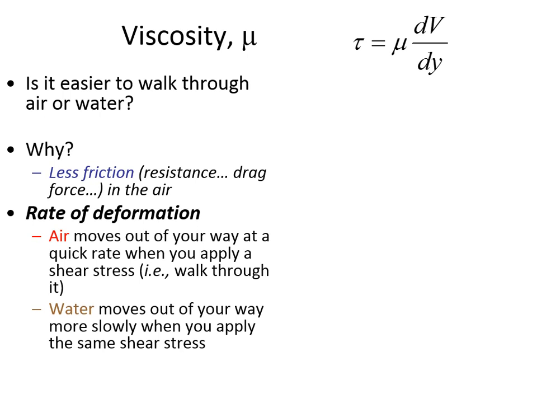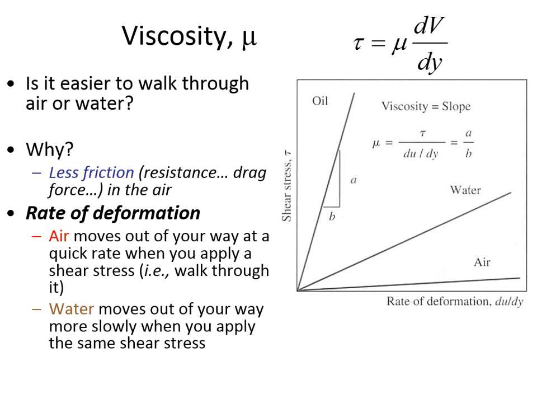Okay, so we've previously said that shear stress is viscosity times the rate of strain. Strain is a response to stress. The response to stress in this liquid is the change in the velocity profile. Here is a graphical illustration of viscosity. Air deforms a lot. Lots of deformation for a little bit of shear stress applied.